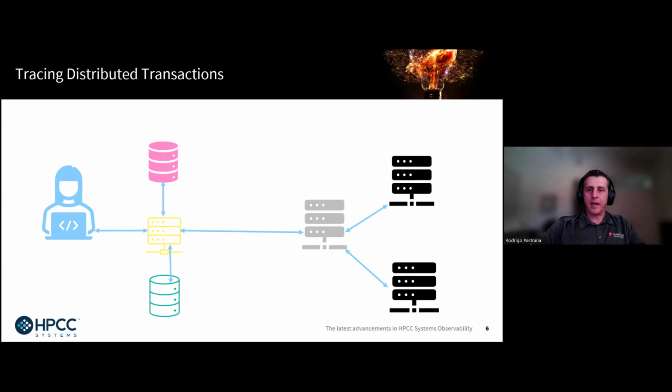Then that request is handled by a remote service, which in turn farms out the job to multiple backend servers. And finally, the front-end server stores transaction results in a separate data store before responding to the client. In these situations, if we don't have the ability to track transactions from start to finish, it can be difficult to identify and troubleshoot problems, or even know which parts of the system were involved in the processing of the transaction.